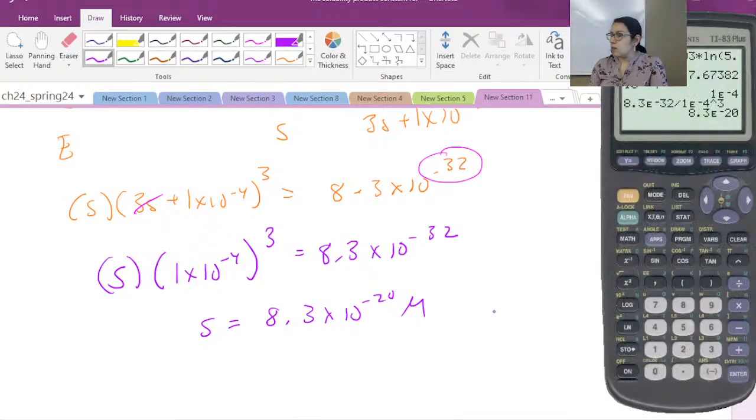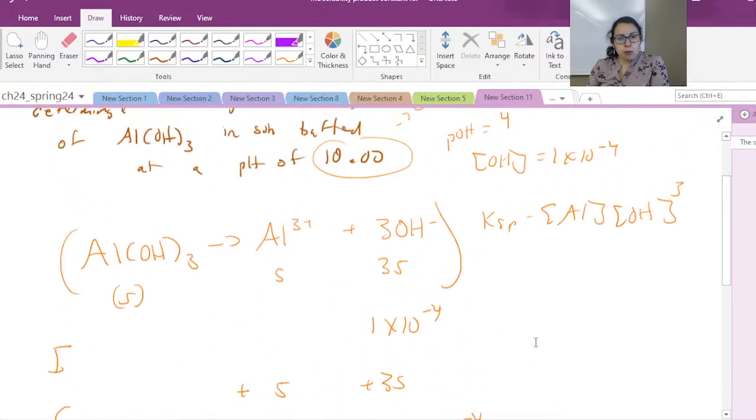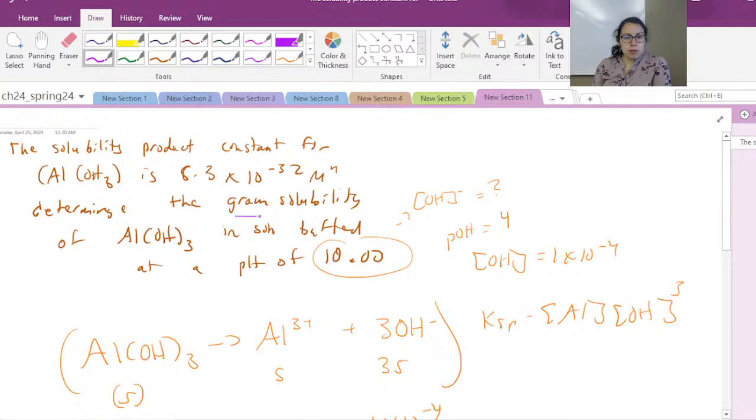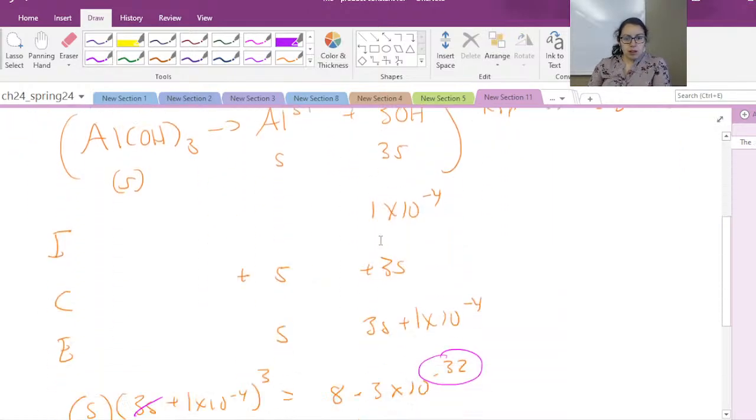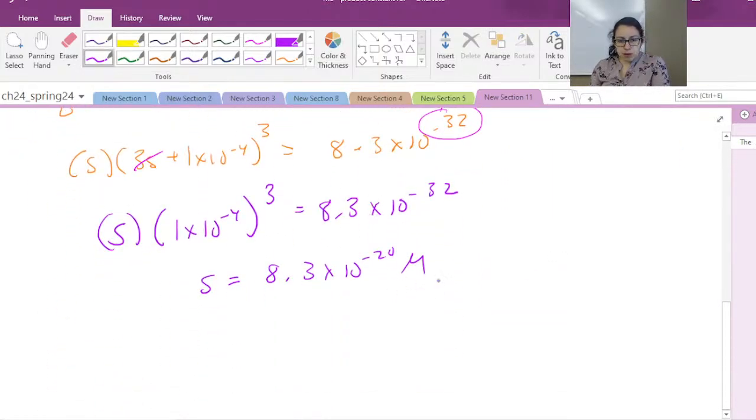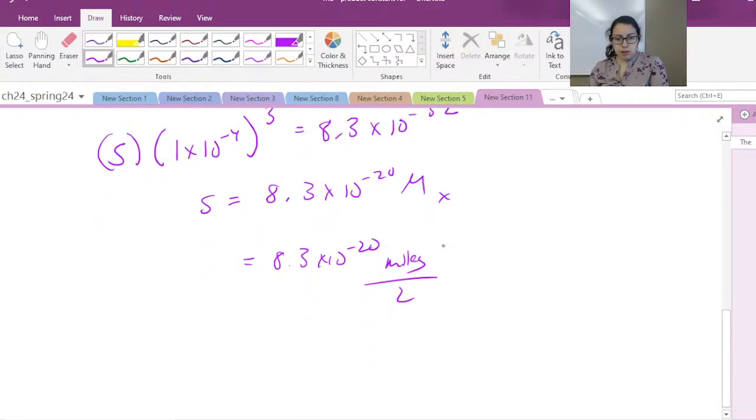And that's in molarity. I think it asks for gram solubility, so we just need to multiply it by our molecular weight. Does anybody have that handy by any chance? So moles per liter, so times... ask Google.